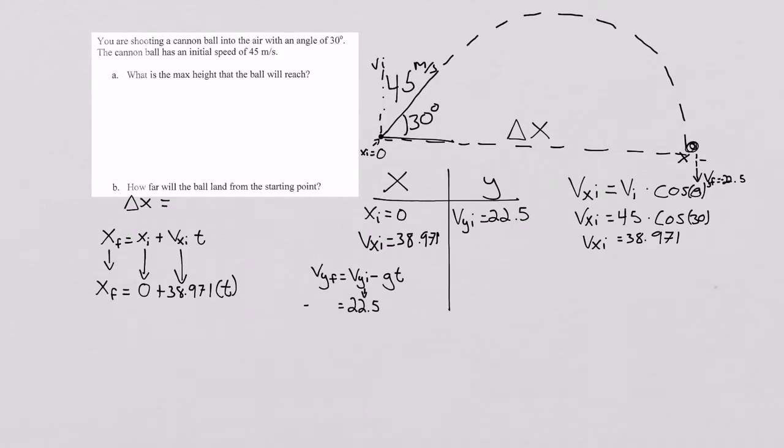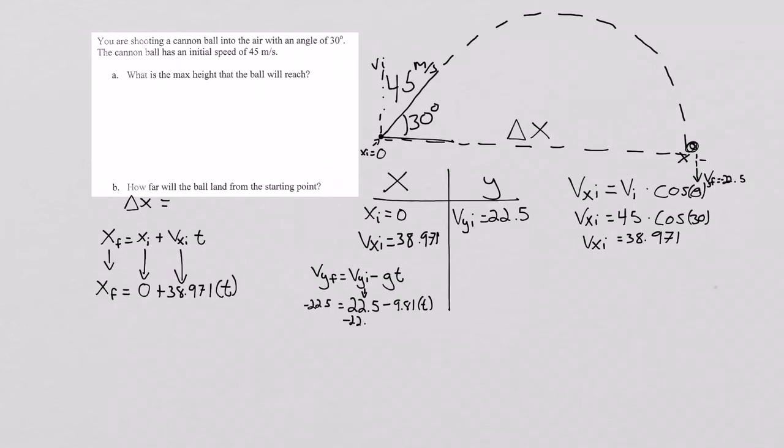Velocity y final equals negative 22.5, subtracted by g, which we all know is 9.81 because it is gravity, and I talked about earlier why I'm not putting an extra negative there. Multiplied by time. You can see time is what we're going to now solve for.